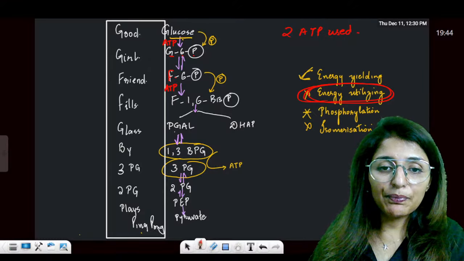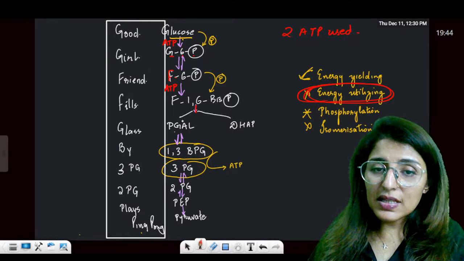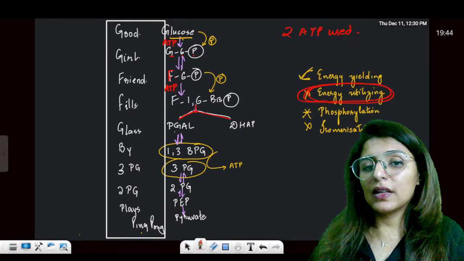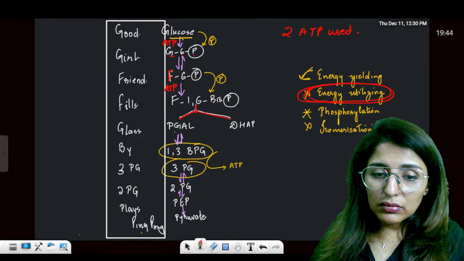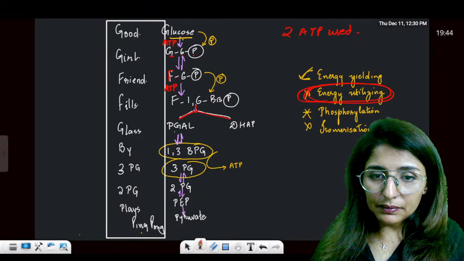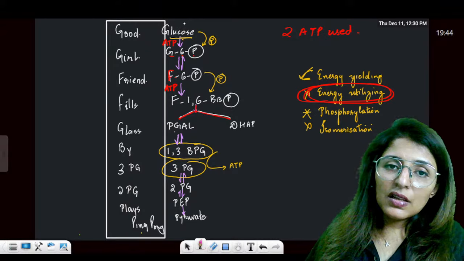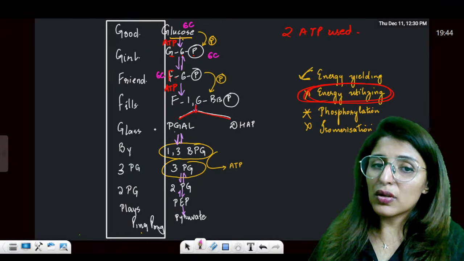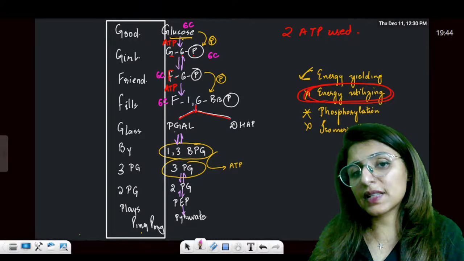Please let me know. Now, this fructose 1,6-bisphosphate will undergo splitting. So see, this is also, let me mark it here, a 6-carbon compound. Fructose is also a 6-carbon compound.